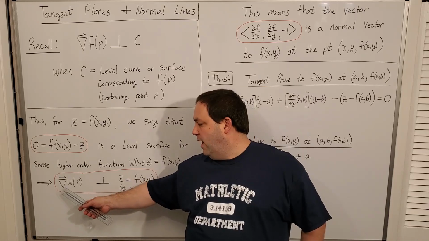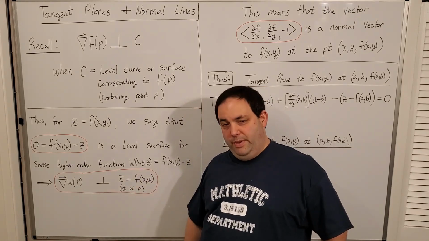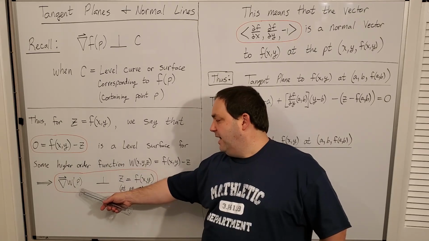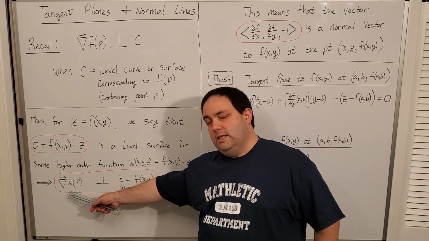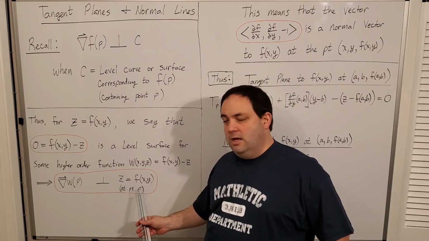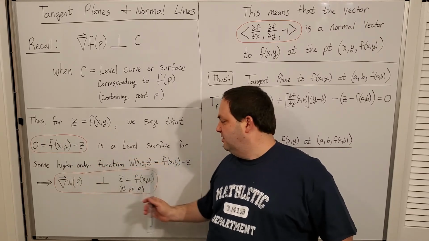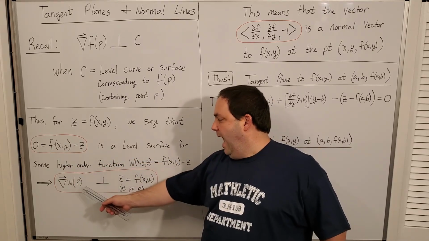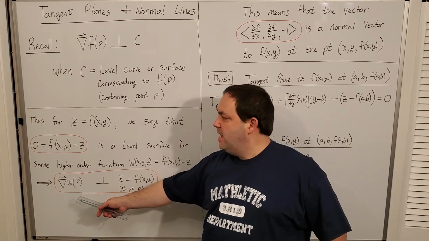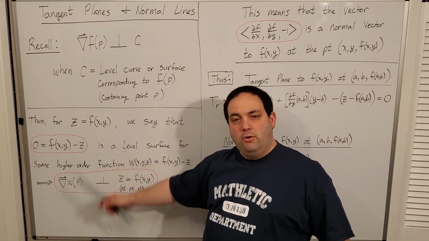So if you take the gradient of w, the bigger function, and evaluate it at point P, then the vector that you get from this gradient will be perpendicular to your original surface, because our original surface is the level surface of w, and it's going to be at the point P because you're getting the coordinates of P originally from the function.